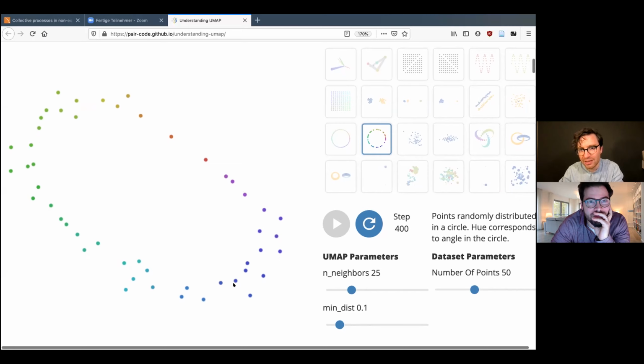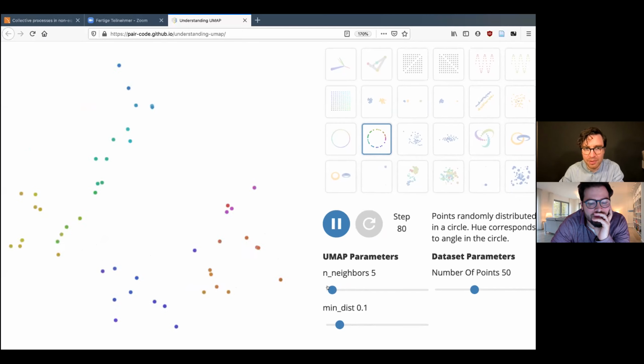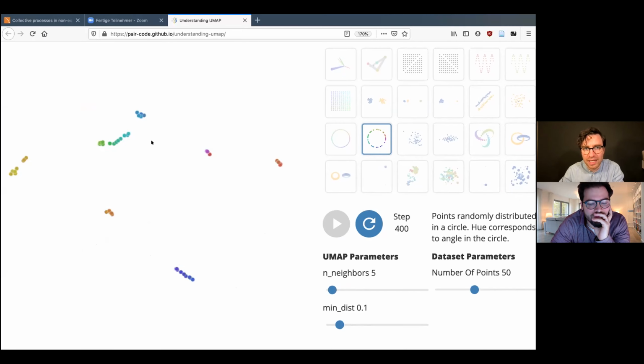They start to get more and more noisy. If you look at fewer neighbors, you get nicely ordered lines, but you start to miss things where you have these gaps, and you start to create clusters where there shouldn't be clusters. So this is the most important parameter of the method.